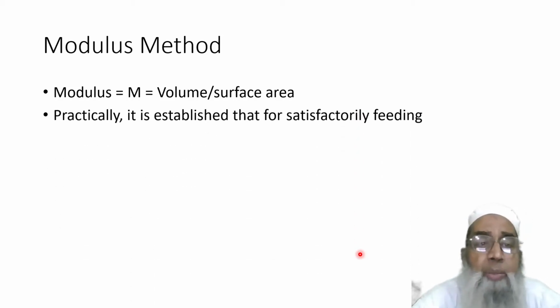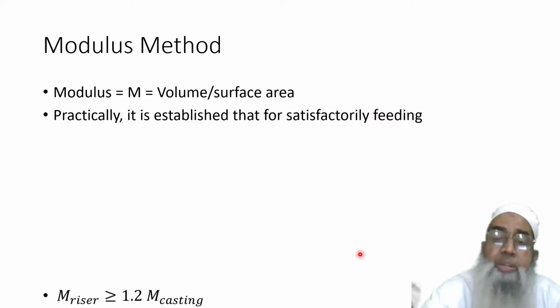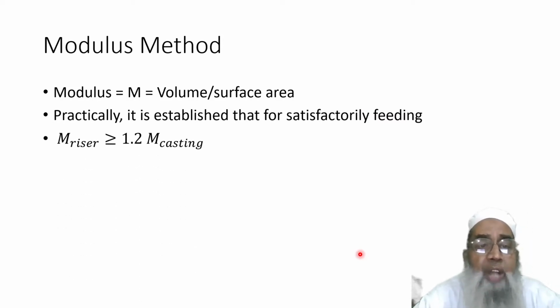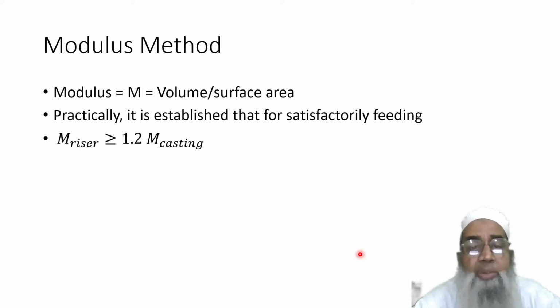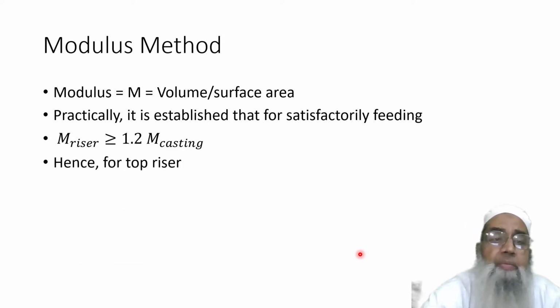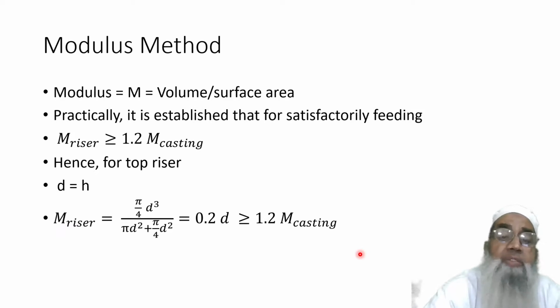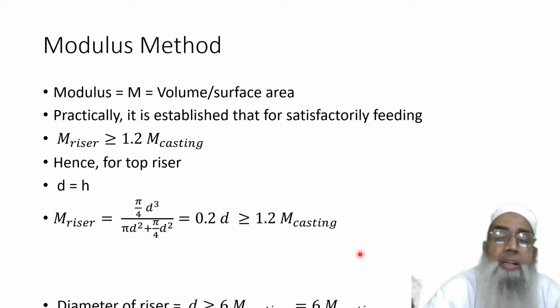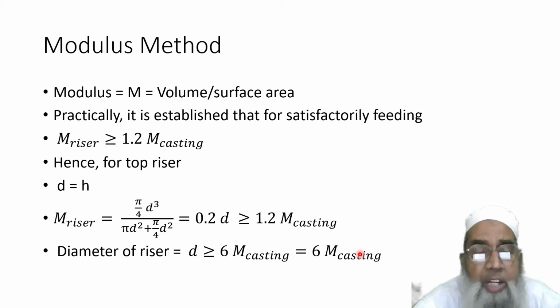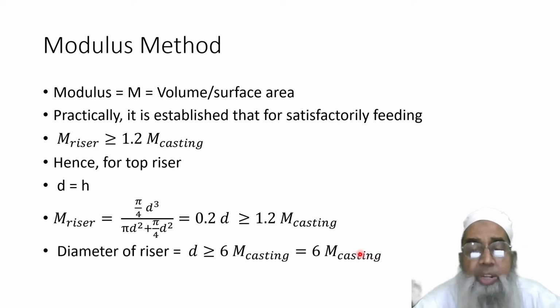It is practically established that the modulus of the riser should be 1.2 times the modulus of the casting for a sound casting. Hence for the top riser, if we equate d equal to h, the volume can be given by this value, and the diameter of the riser should be more than or equal to 6 times the modulus of the casting.